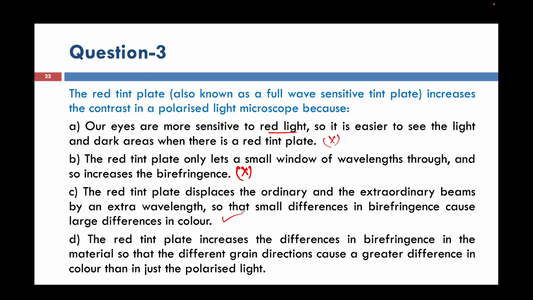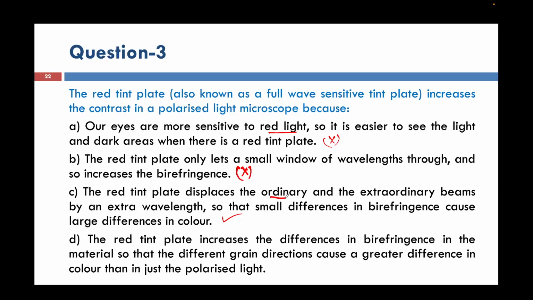Yes, this is correct. The difference between C and D is that here, the ordinary and extraordinary rays have a retardation, so the phase lag will be more, and then the contrast will be more.